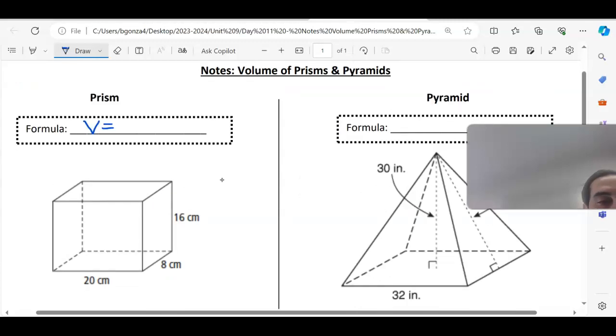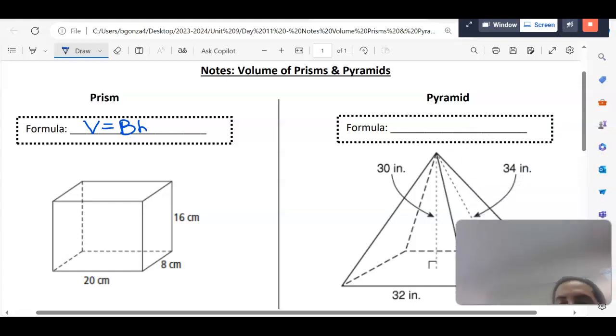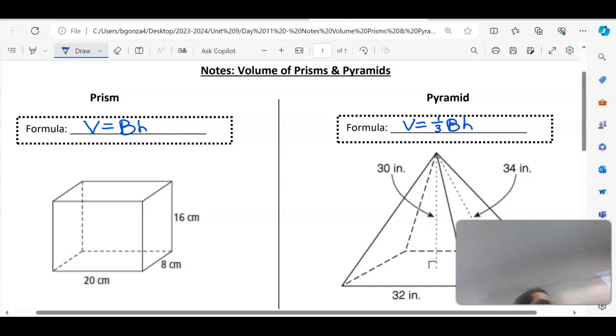V equals capital B H. And the pyramid, V equals 1/3 B H, which reminds me of the cone. These are literally the same formulas from cylinder and cone, but it's now prism and pyramid.